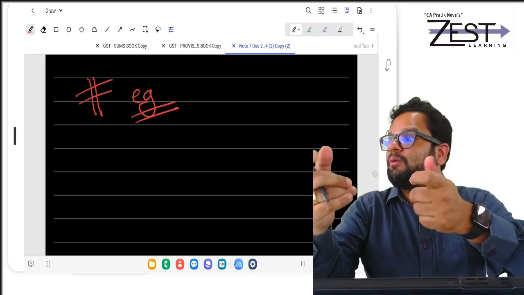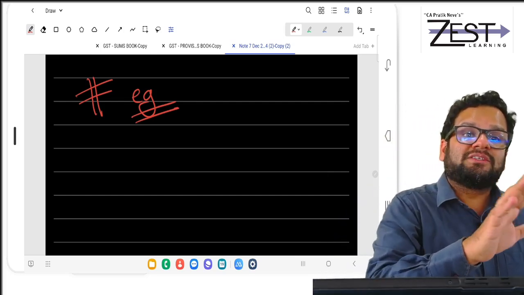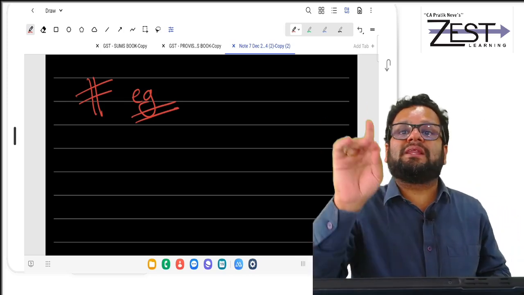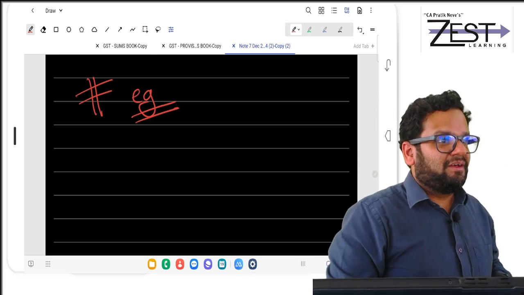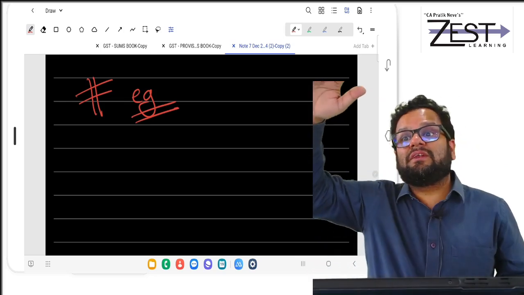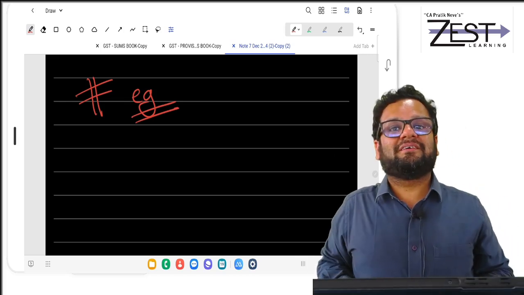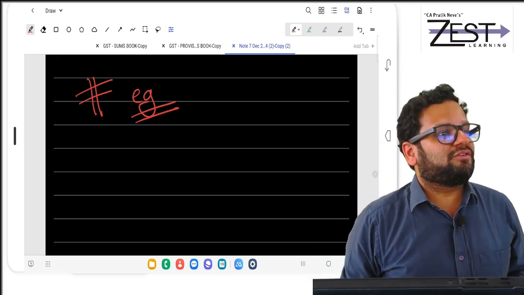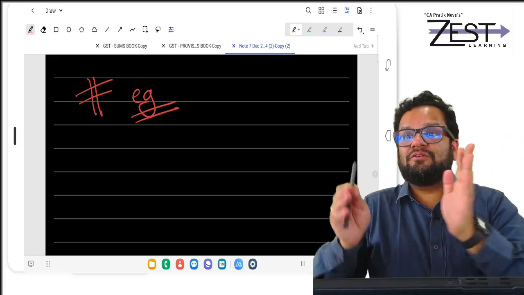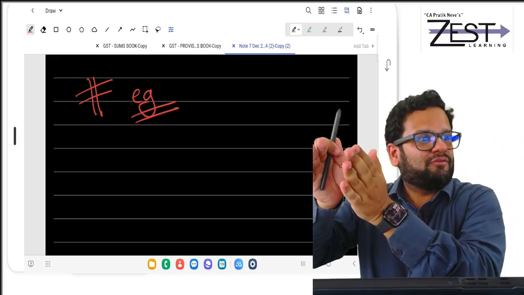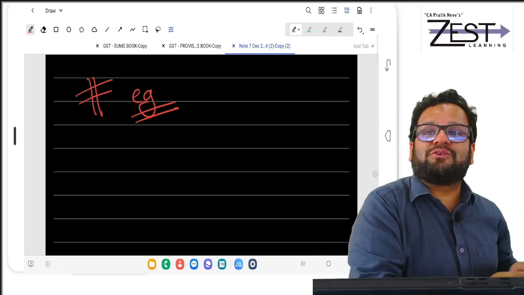So I will give you advance. Suppose overall rent of the hall is 1 lakh. I'll give you advance of say 50,000. And balance 50,000 I will give you after the event or on the date of event. So what is the time of supply? There are two time of supply. One for first 50,000 and another for balance 50,000.